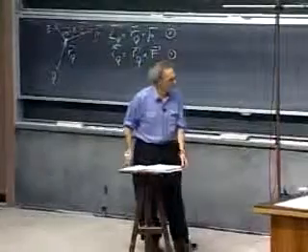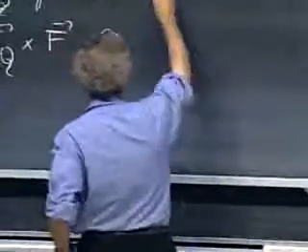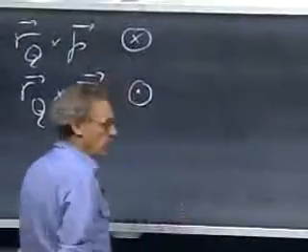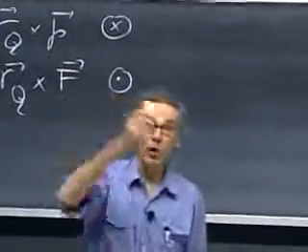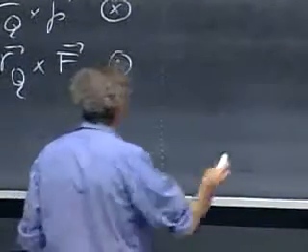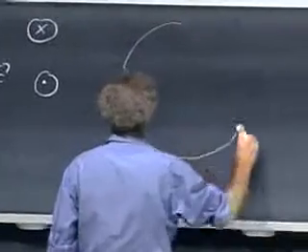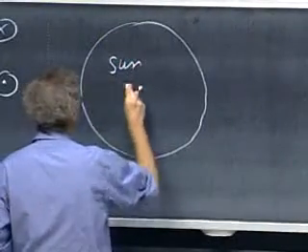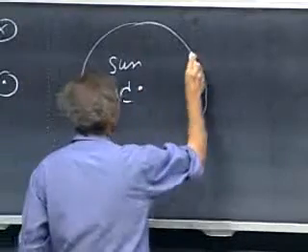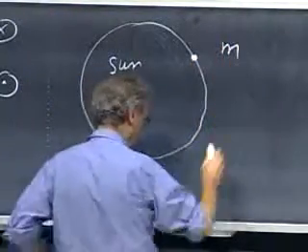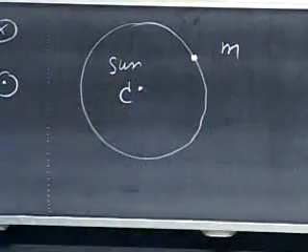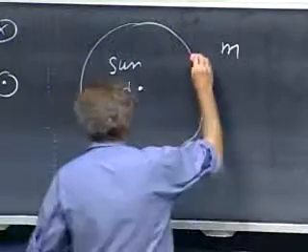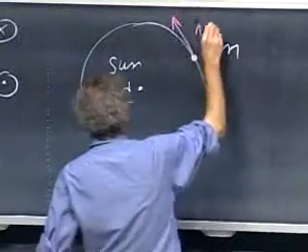So let's start with an example, which I also had last time, whereby we have an object going around the Earth or around the Sun. Let's take the Earth going around the Sun. And this is the location of the Sun. And here is the Earth. It has a mass m. And it's going around with a velocity.